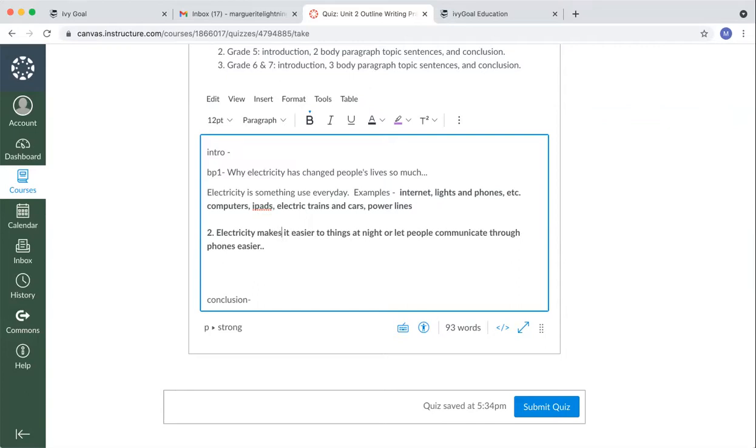Yeah, so electricity makes life easier, right? And examples would be going out at night, because of the lights, the street lights. And being able to communicate, right?